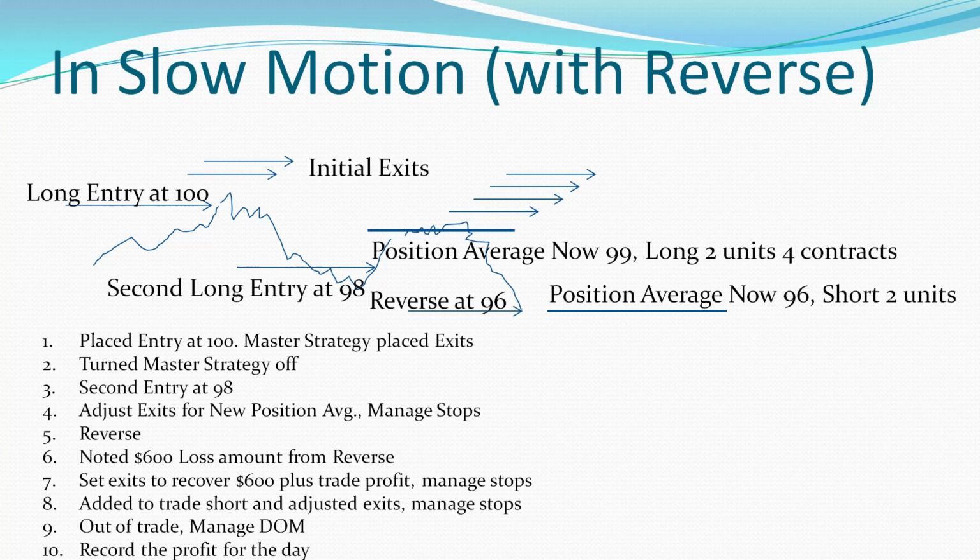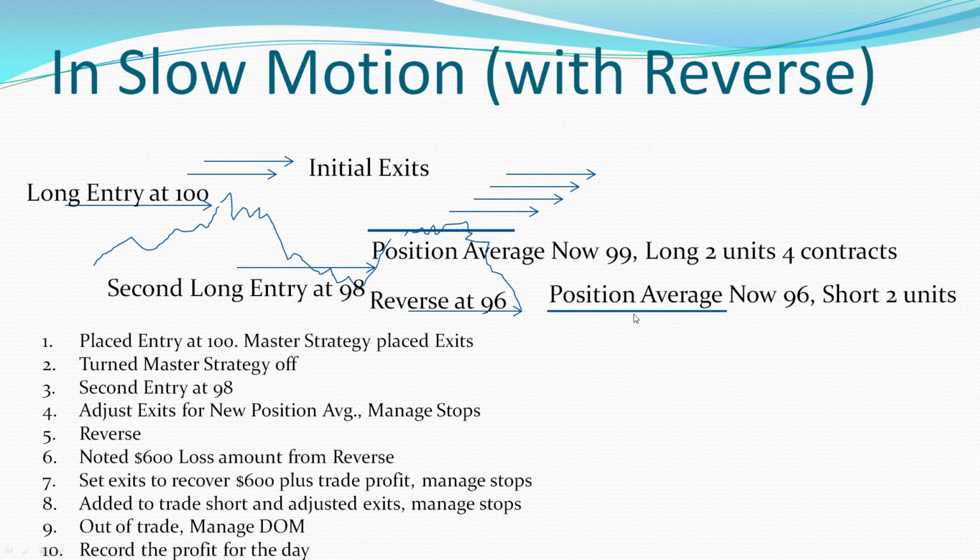So you just do the math. We had 2 units. We lost $100 here per contract, so that was $200. 4 points here on 2 is going to be $400. So those two together is $600. Okay, so we've got $600 from the reverse.